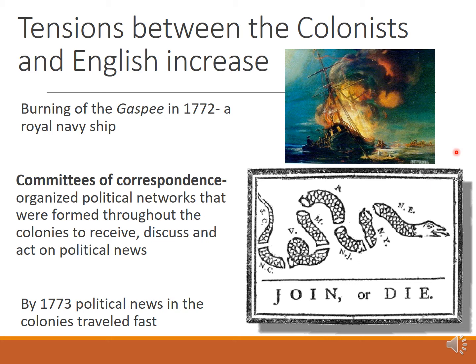But in 1772, several incidents once again brought the conflict with England into sharp focus. One of these incidents was the burning of the Gaspee, a British Navy ship chasing down suspected smugglers off the coast of Rhode Island.